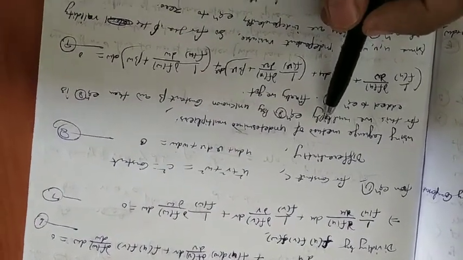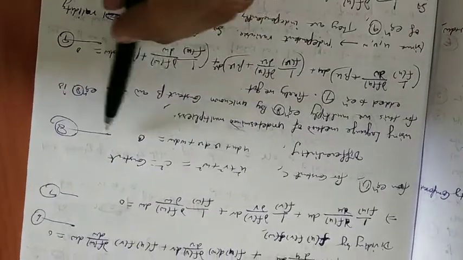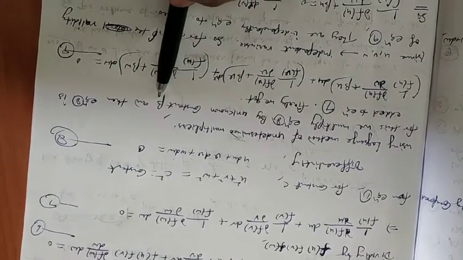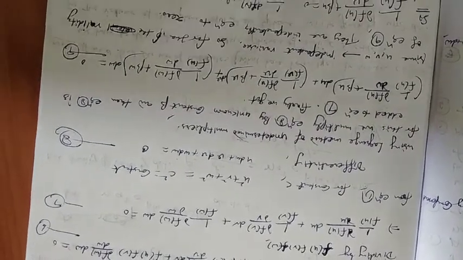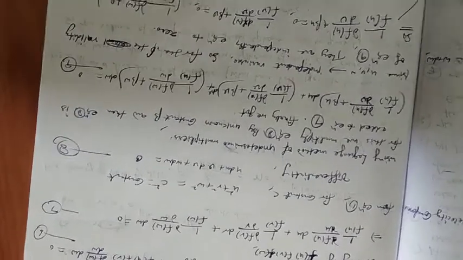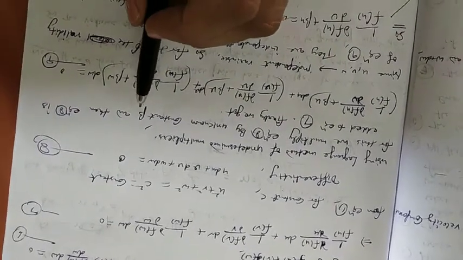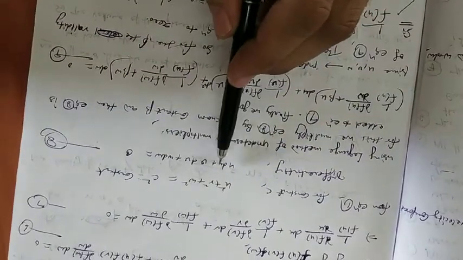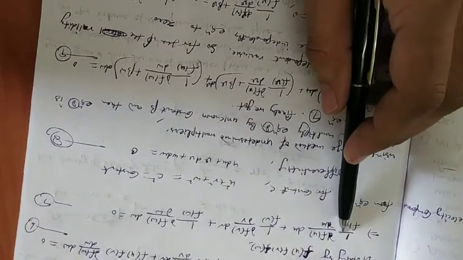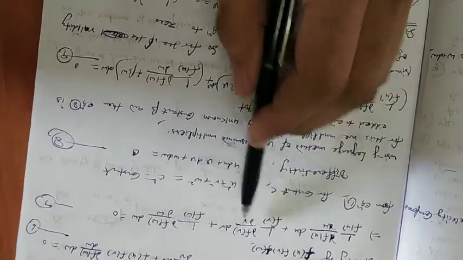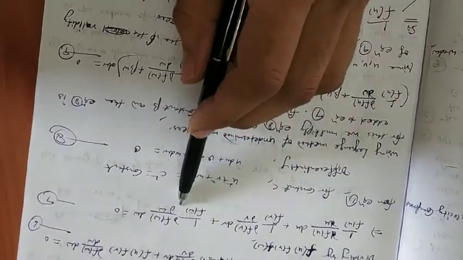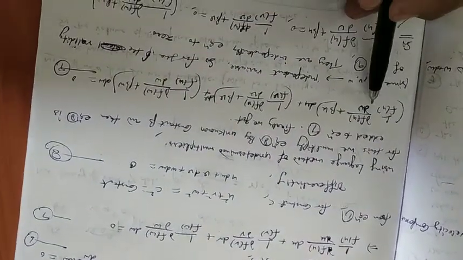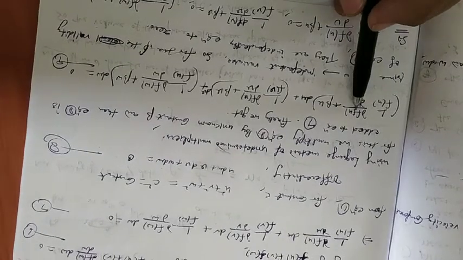In this method, we multiply equation 8 by an unknown constant beta, and then add it to equation 7, which gives beta u, beta v and beta w terms.